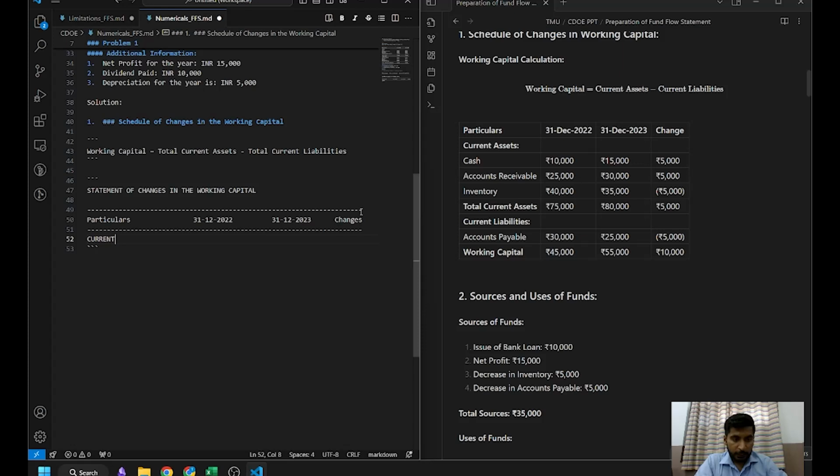First of all, current assets. Cash, accounts receivable, inventory. This makes up my total of the current assets. Okay.